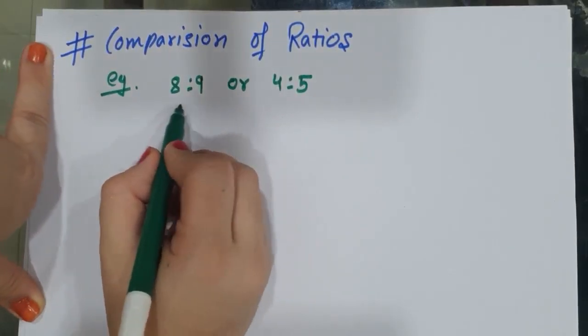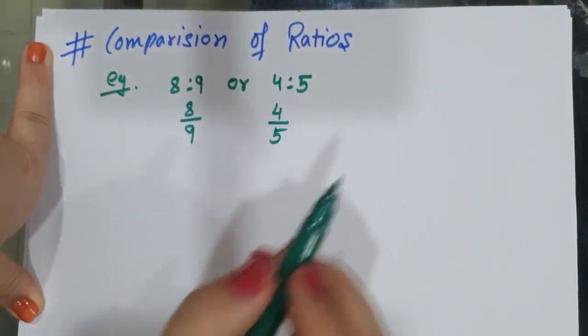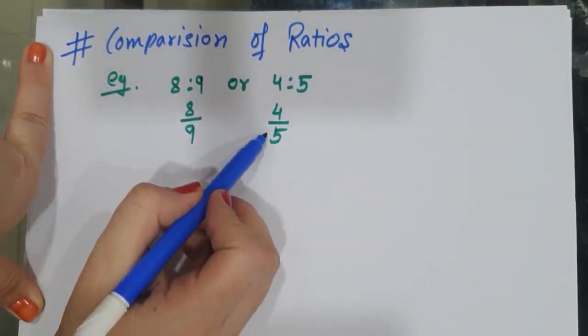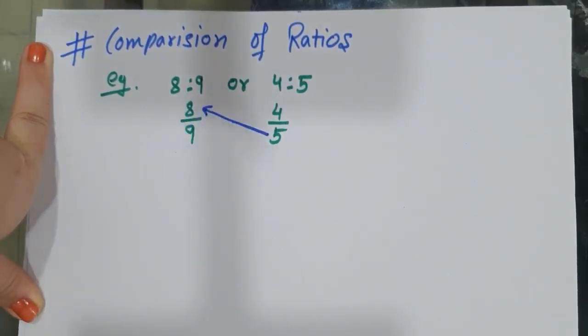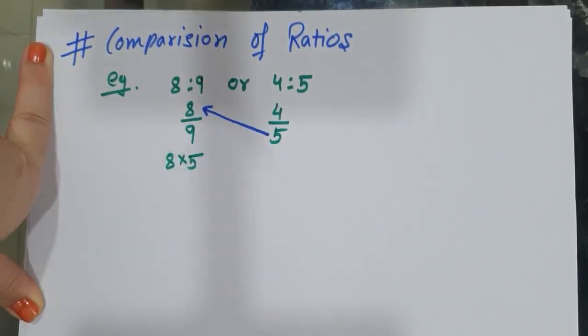First, we can write the ratio in the fraction form. Now, you need to cross multiply. The denominator of the right one is to be multiplied with the numerator of the left one: 8 multiplied by 5.